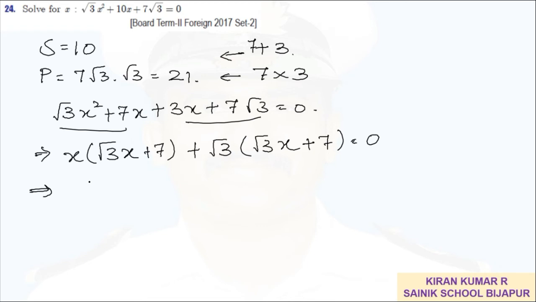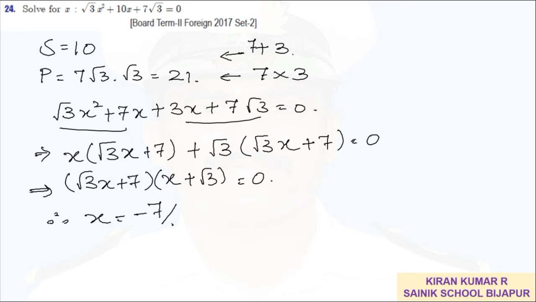Therefore, root 3x plus 7 is taken common. We are left with x plus root 3 equal to 0. Therefore, the value of x is negative 7 by root 3 or negative root 3. These are the roots.